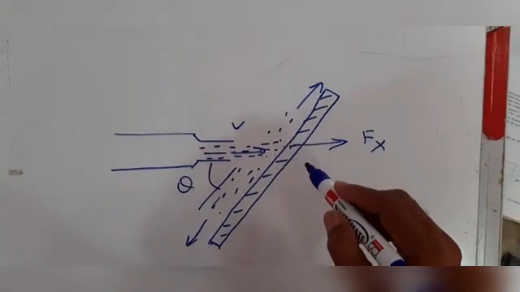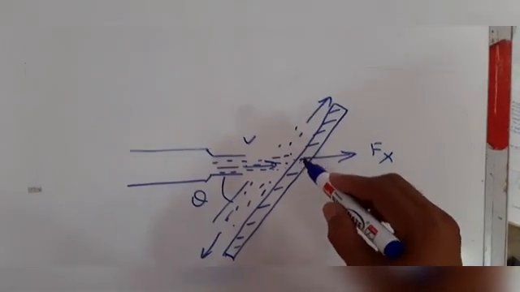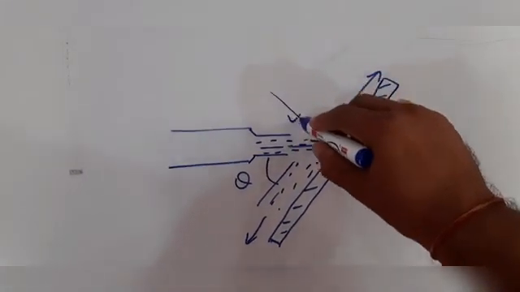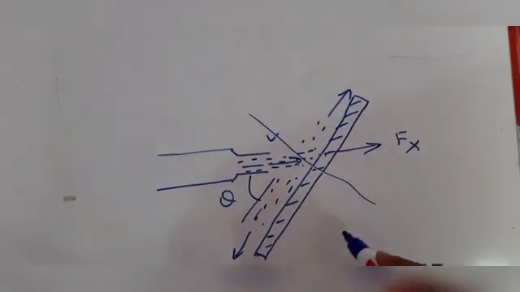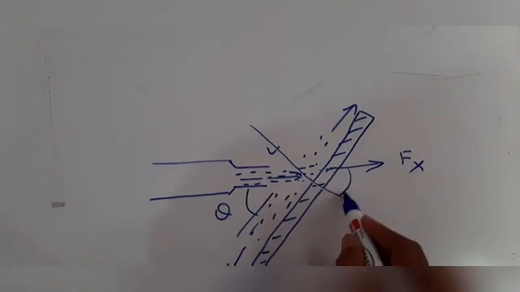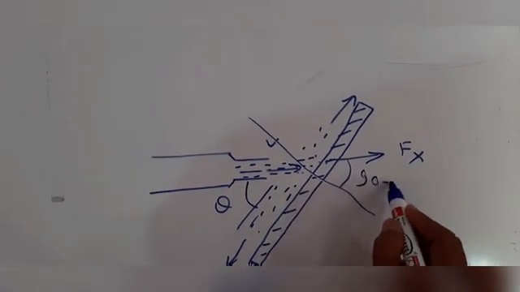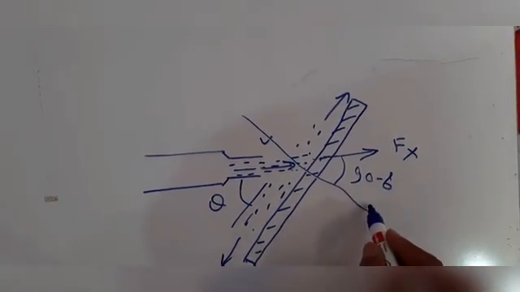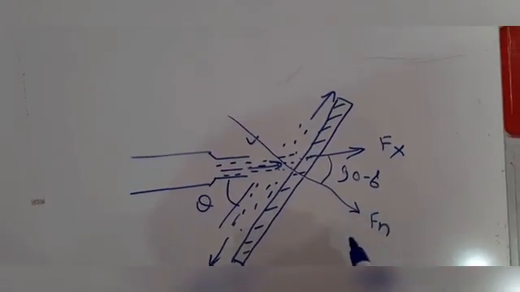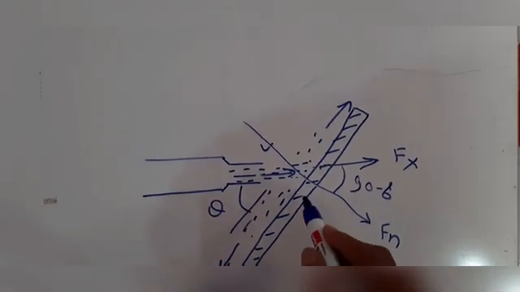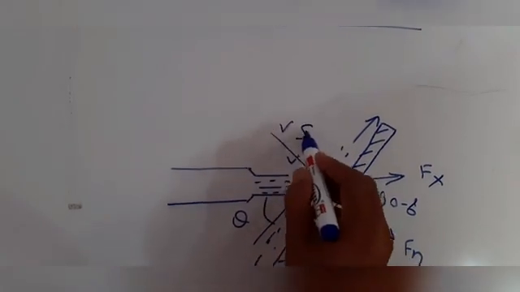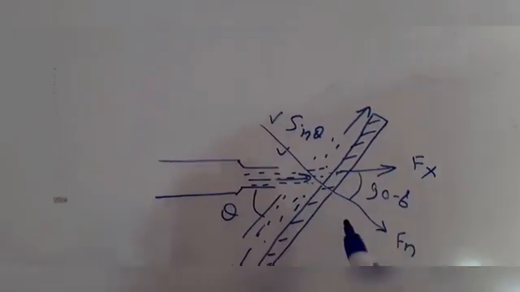The component that is perpendicular to the plate, Fn, makes an angle 90 minus theta.